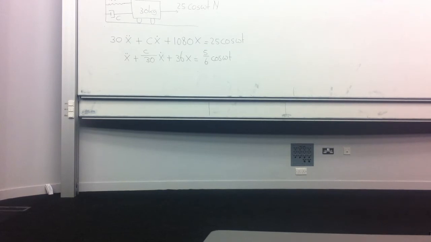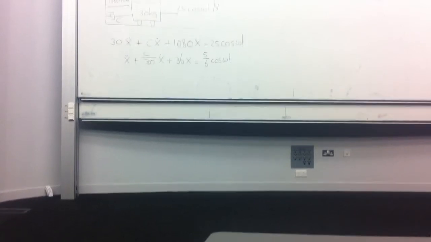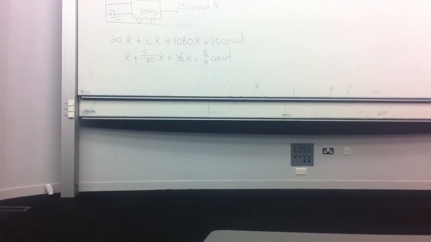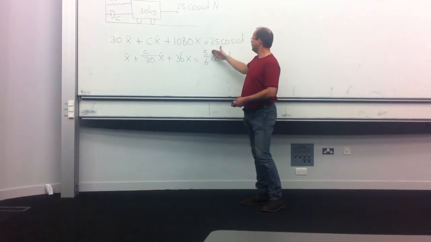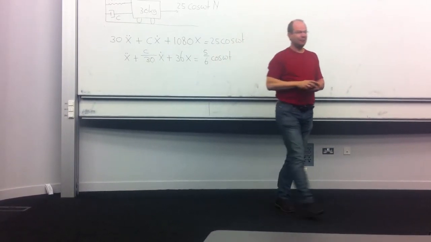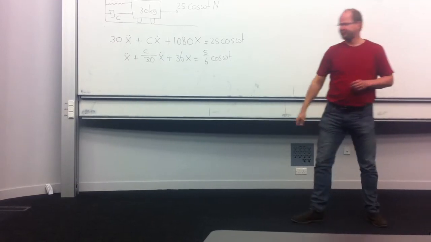What we know is there's linearity. If you multiply your forcing by a constant, you multiply your solution by the same constant, which means that we also have to multiply A by the same constant. So if you use the formula up there, we have to multiply A by 5/6.